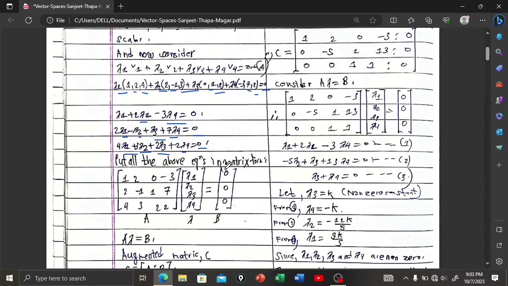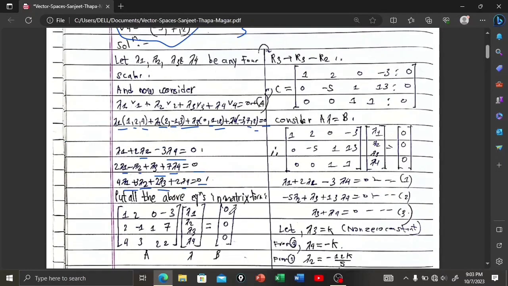Now arranging in matrix form, the coefficients of lambda1, lambda2, lambda3 and lambda4 are: first row 1, 2, 0, -3; second row 2, -1, 1, 7; third row 4, 3, 2, 2; multiplied by lambda1, lambda2, lambda3, lambda4, equal to 0 0 0.